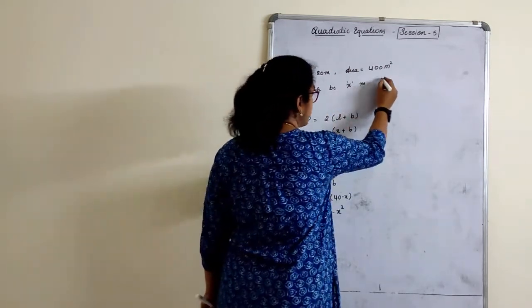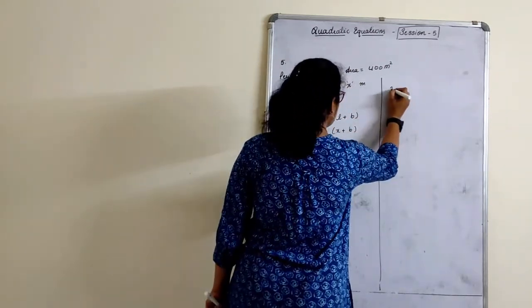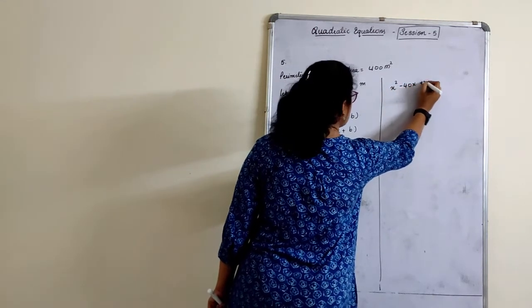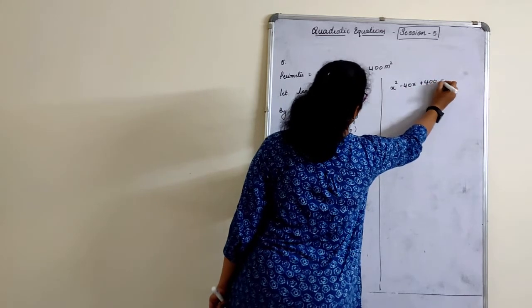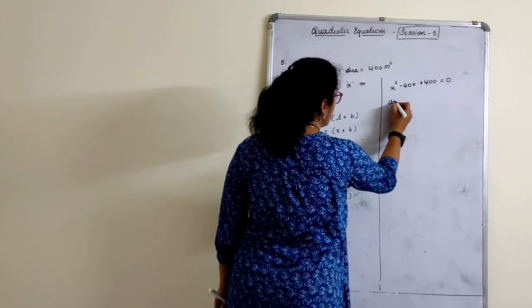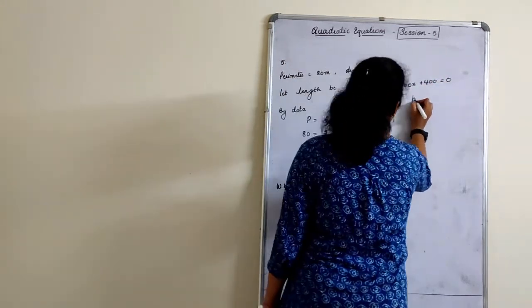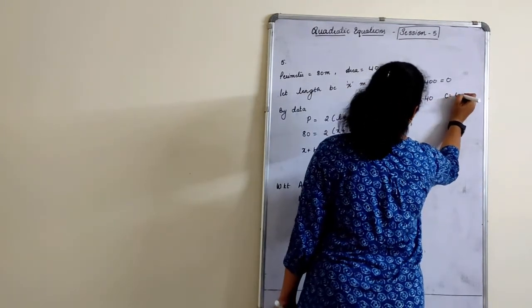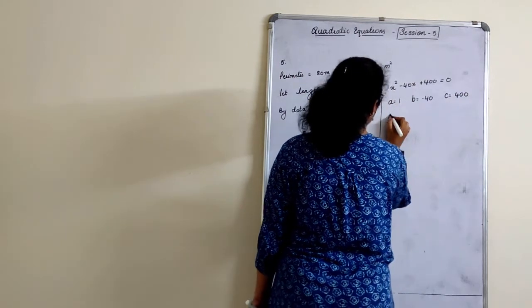Shift everything this side since it is minus. So x square minus 40x plus 400 is equal to 0. A is equal to 1, B is equal to minus 40, C is equal to 400.